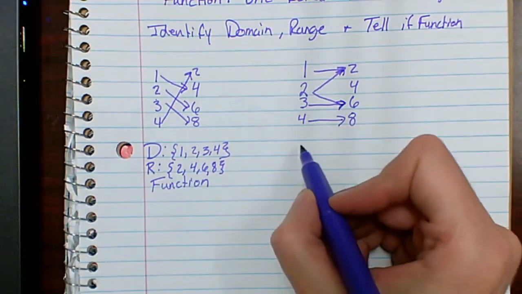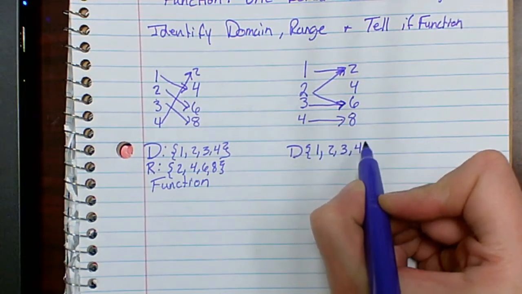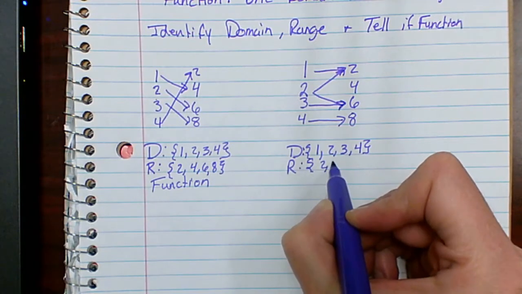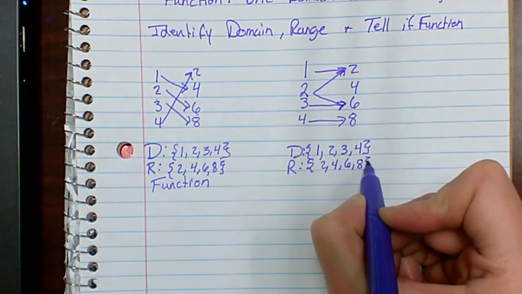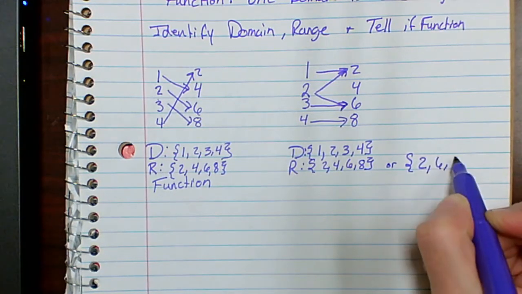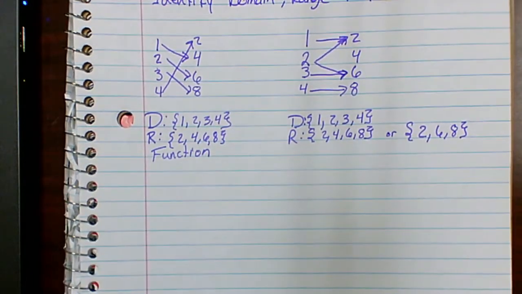Okay, let's look at this one. The domain is 1, 2, 3, 4. The range, since they're all listed, is 2, 4, 6, and 8. Or we can go 2, 6, and 8. I've seen it written both ways, so it just depends on your preference or your instructor's preference.